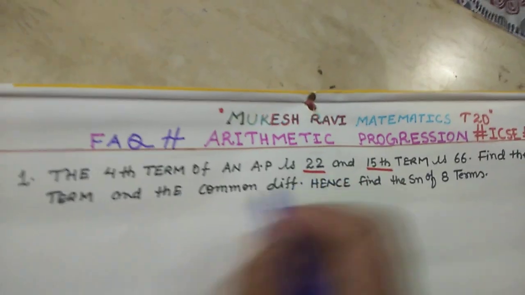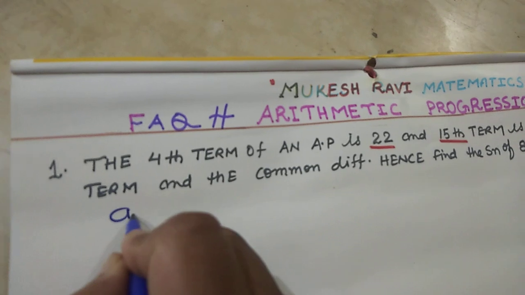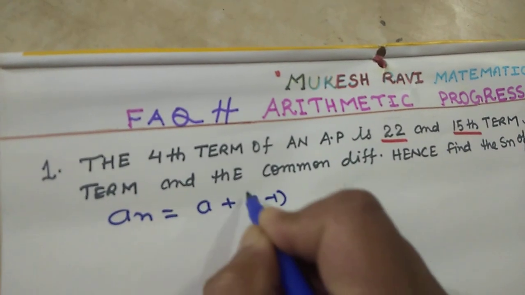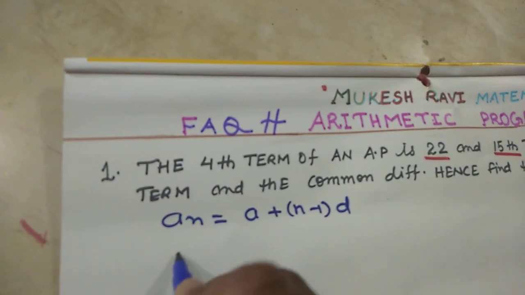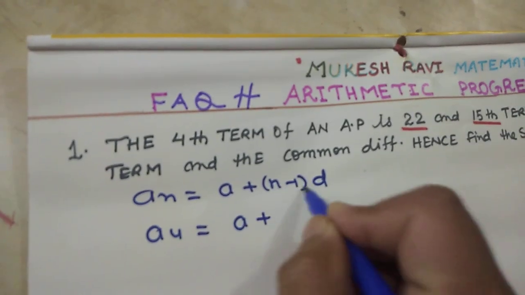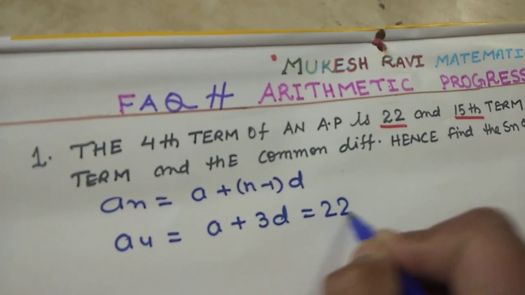First of all, the fourth term you write like this. First of all, an is equal to a plus (n minus 1)d. So the fourth term, a4, is equal to a plus (4 minus 1)d, which is a plus 3d, equal to 22.